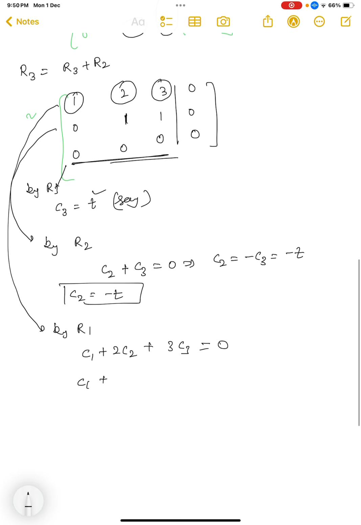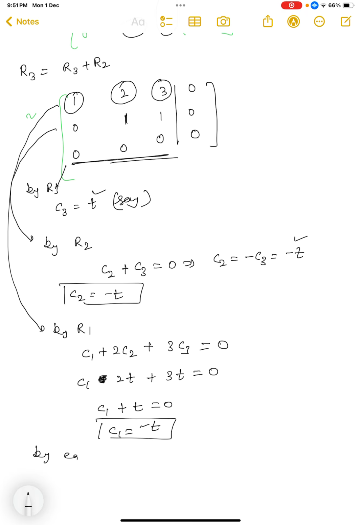Now c2 is minus t, so it is minus 2t, and c3 is t, so 3t. Minus 2t plus 3t gives t, so c1 plus t equals 0, so c1 is equal to minus t.